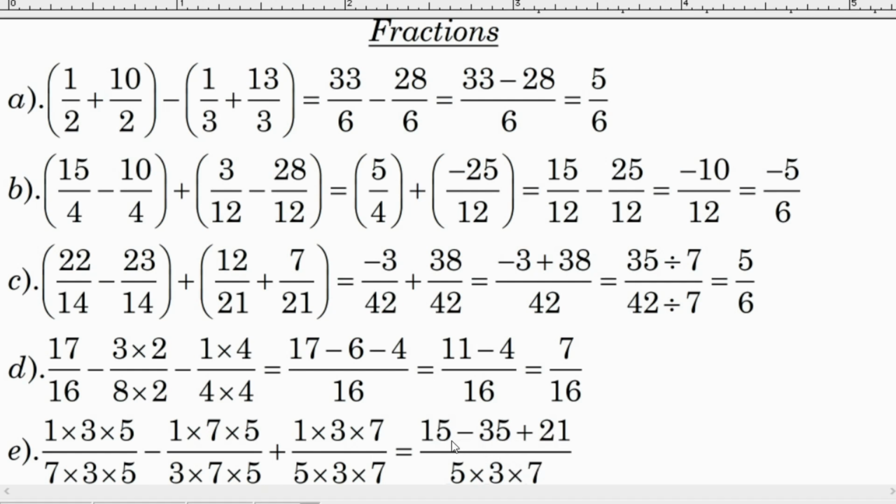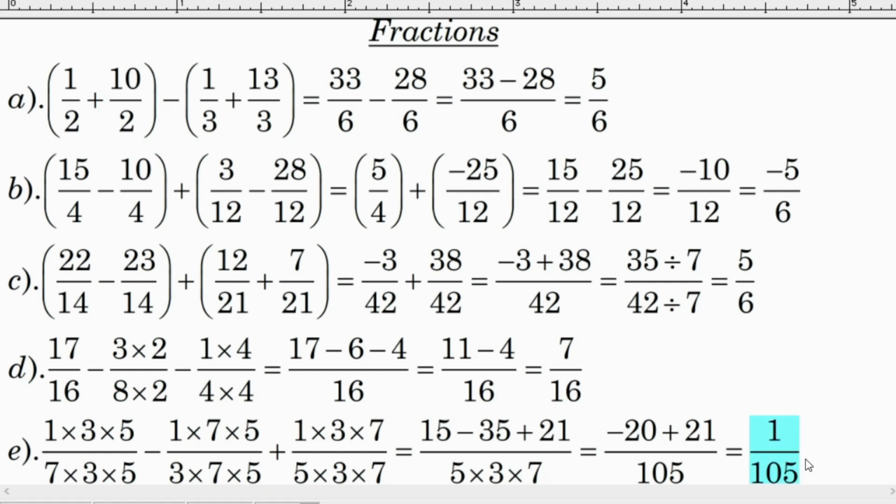So then we have 15 here minus 35, which is equal to minus 20. And then plus 21. So here we have 5 multiplied with 3 and 7. That will be equal to 105. Okay, so here we have the answer equal to 1 divided by 105.